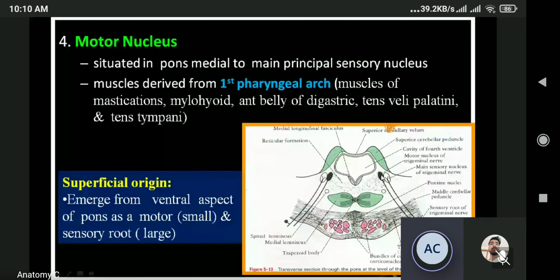This is the motor, this one is the sensory. The bigger one is the sensory, the smaller one is the motor. It is situated within the pons, just medial to the principal nucleus of the trigeminal. It will supply the muscles of mastication, plus other muscles which are derived from the first pharyngeal arch.